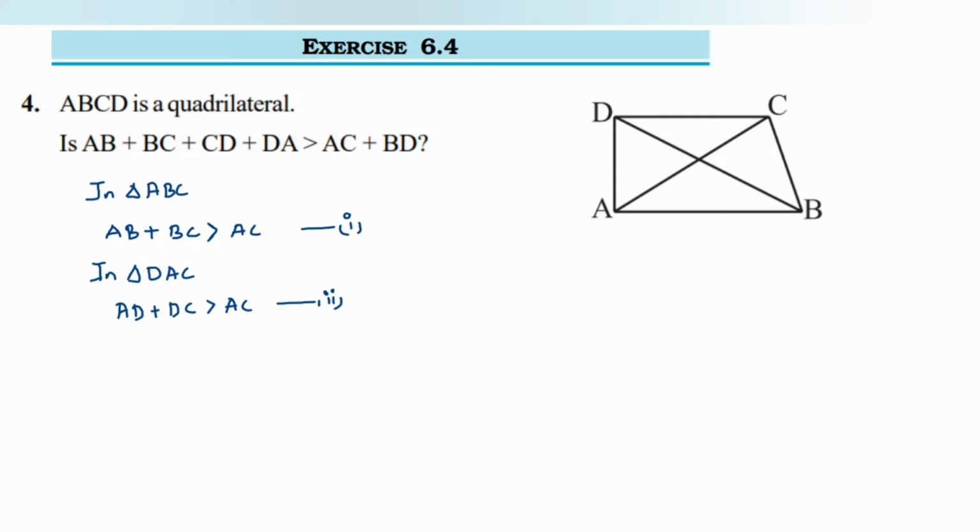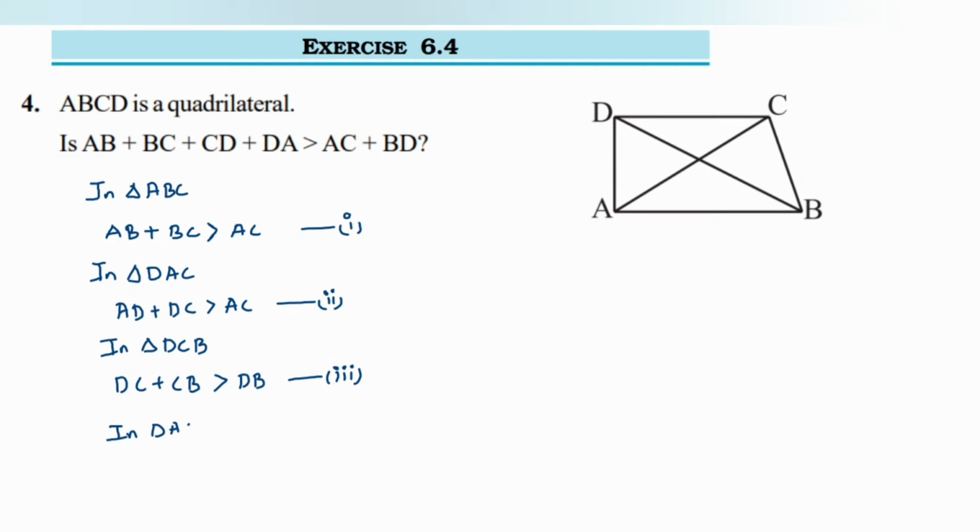Now we'll consider triangle DCB. In triangle DCB, DC plus CB is greater than the third side, which is DB. So this is equation 3. The fourth triangle we're going to consider is triangle DAB.